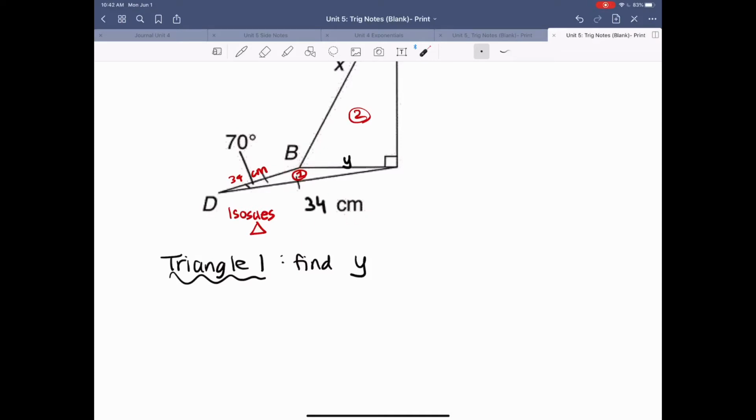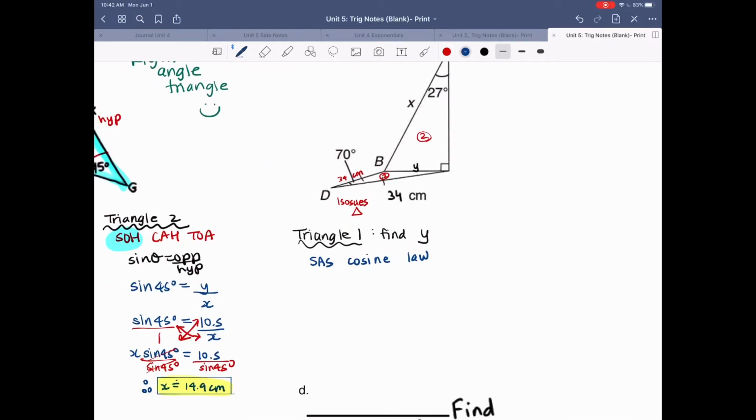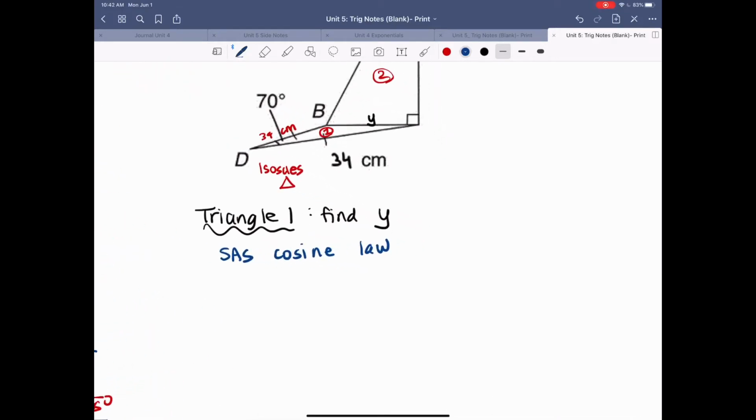So that means I can't use sine law, but I can use the cosine law that says side, angle, side. So that's how you break down what you can use. And sometimes you're able to use more than one law if you have more information. But based on this information, I can only use side, angle, side, cosine law.